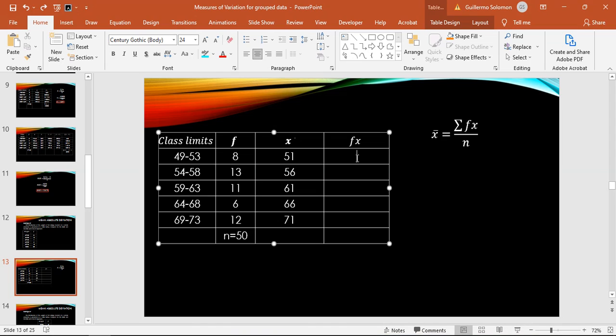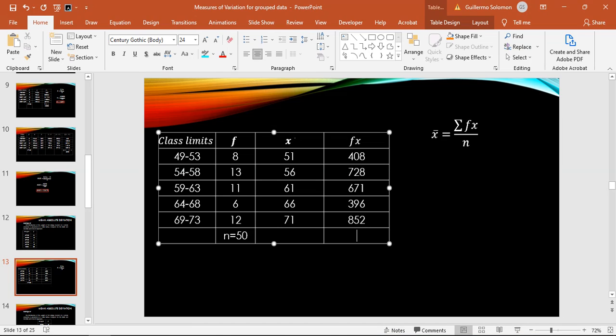So 8 times 51, that is 408. 13 times 56, that is 728. 11 times 61, that is 671. 6 times 66, that is 396. 12 times 71, that is 852.